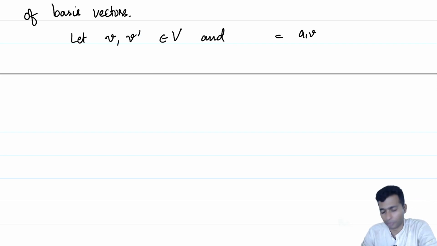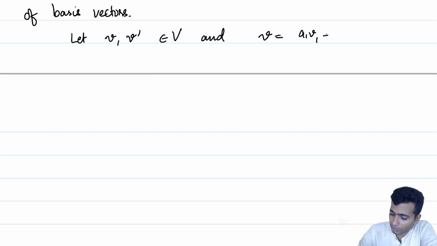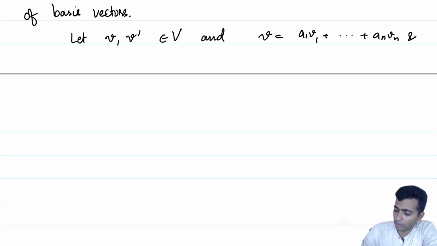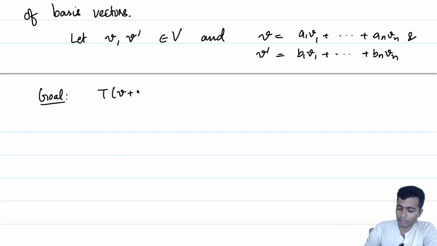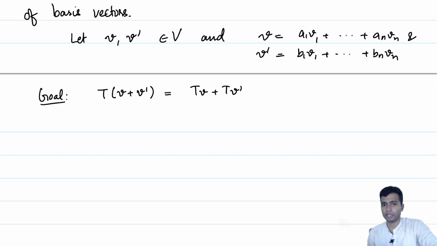So let V be equal to A1 V1 plus up to An Vn, and V prime be equal to B1 V1 plus up to Bn Vn. So we would like to check that goal. Let's just write it down as goal. We would like to establish that T of V plus V prime is equal to T V plus T V prime. Now let's look at the left hand side here.